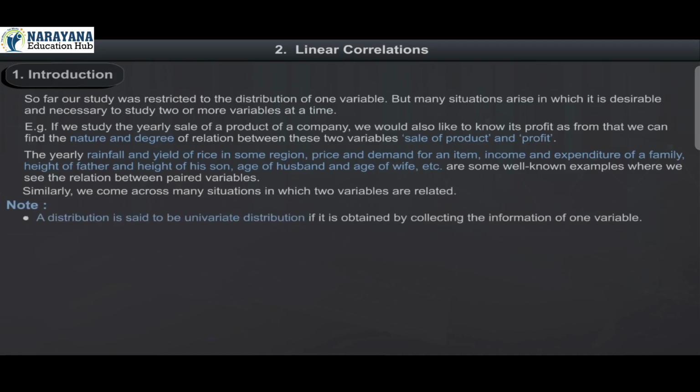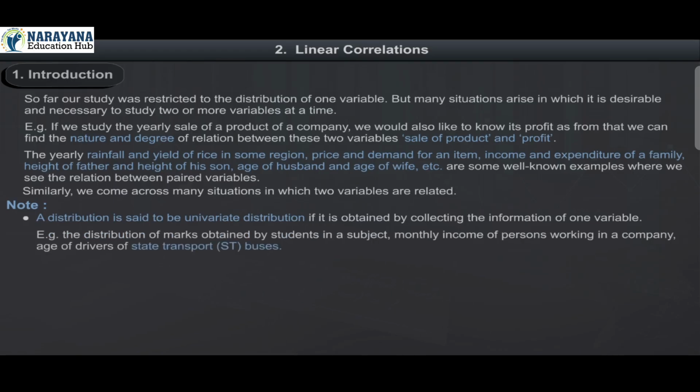Note: a distribution is said to be a univariate distribution if it is obtained by collecting the information of one variable. Example: the distribution of marks obtained by students in a subject, monthly income of persons working in a company, age of drivers of state transport, that is ST buses.